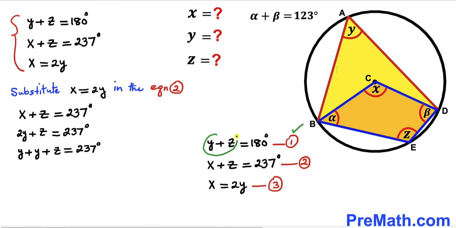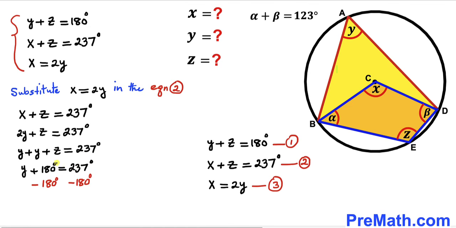Now let's focus on equation 1. Y plus Z value is 180 degrees. So I'm going to substitute Y plus Z as 180 degrees here. So we can write Y plus 180 degrees equals 237 degrees.